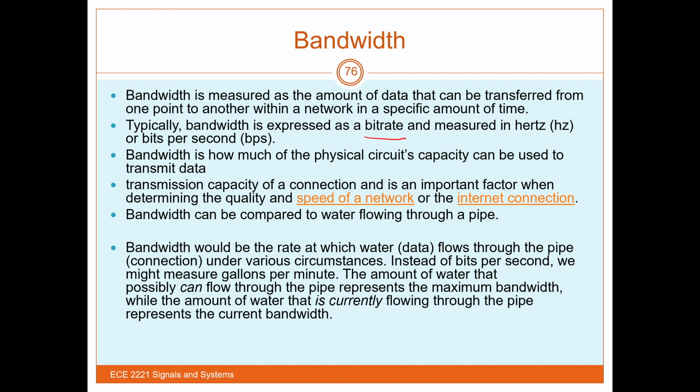The unit is bit rate, or measured in hertz also, or sometimes bits per second. It is the size or amount of data that can pass through the connection. Imagine a pipe: it is the amount of water that can possibly flow, while the amount of water currently flowing represents the bandwidth.